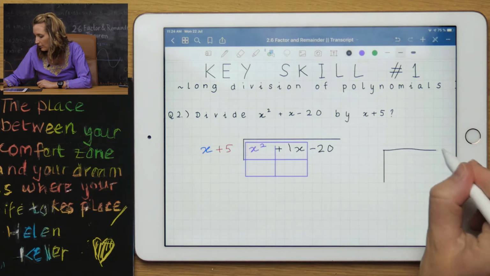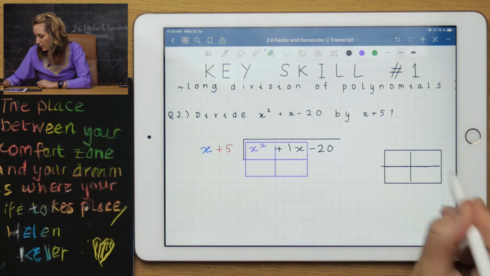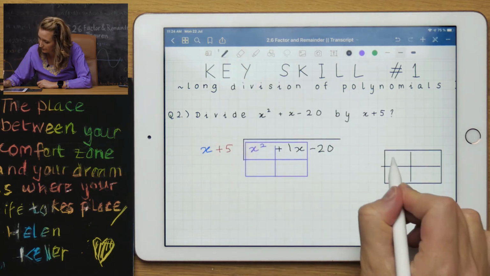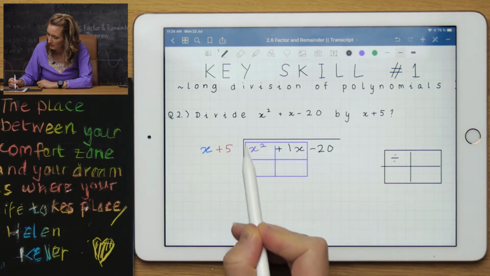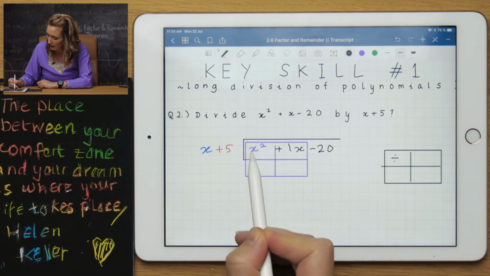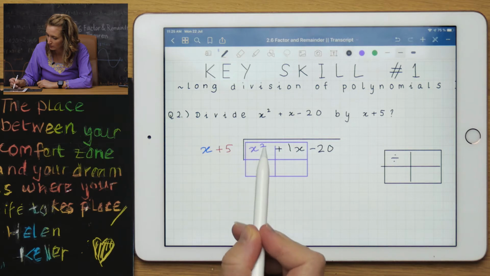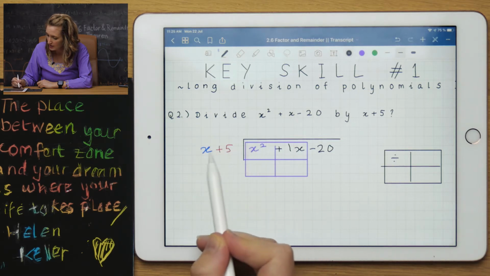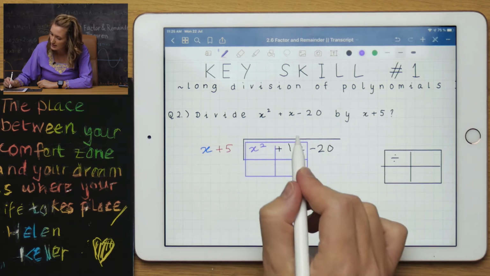The first box in your block is for division. You divide what's in the top left by what's furthest left in the divisor. In our case, x squared divided by x gives us x.